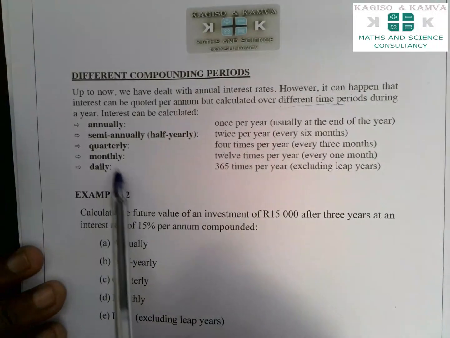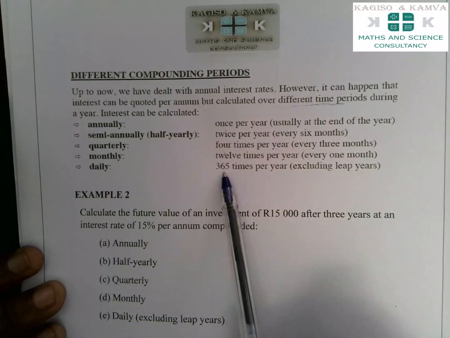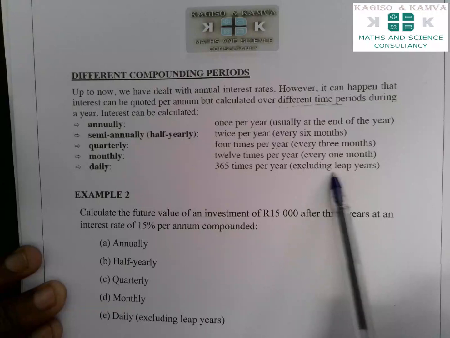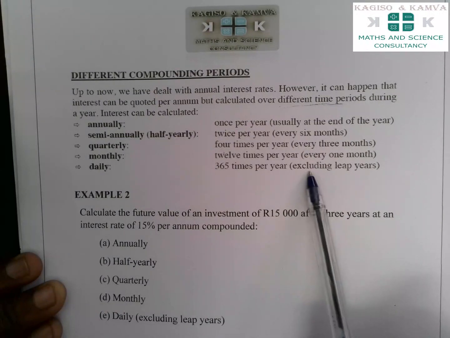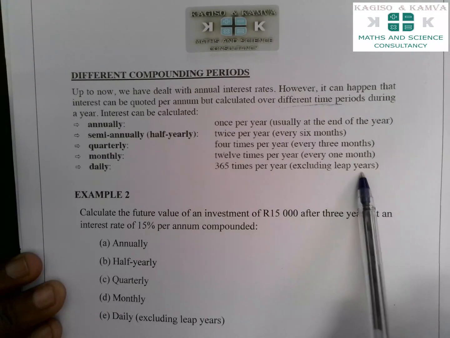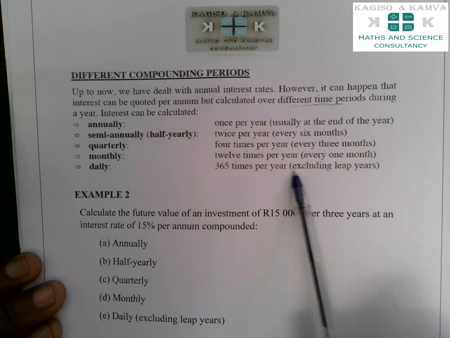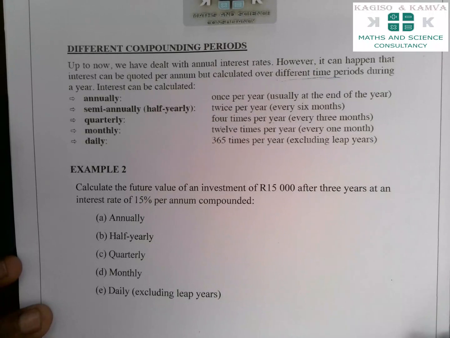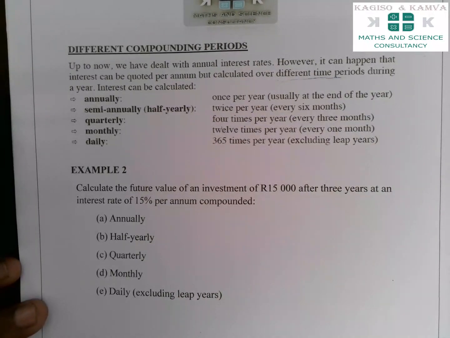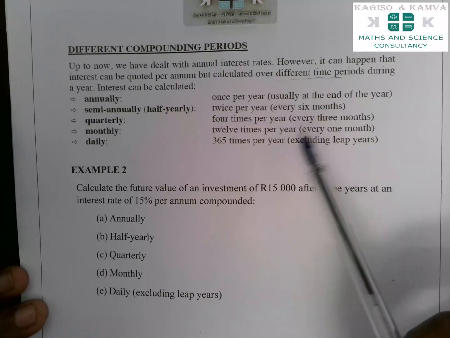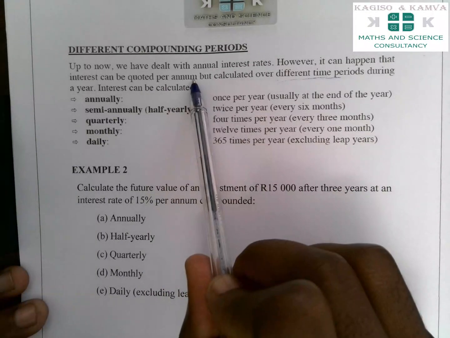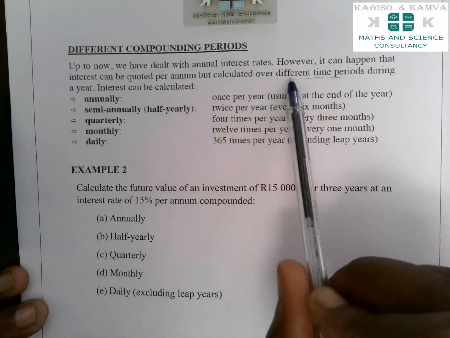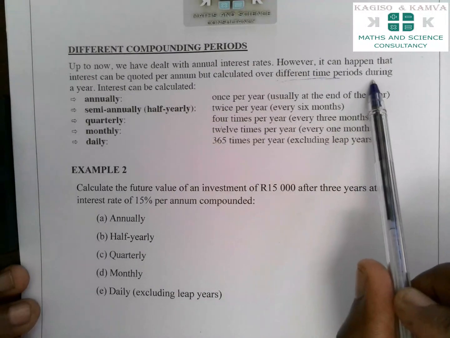Daily, it is calculated 365 times per year, excluding leap years. So let us do the examples where interest is quoted per annum, but calculated over different time periods.